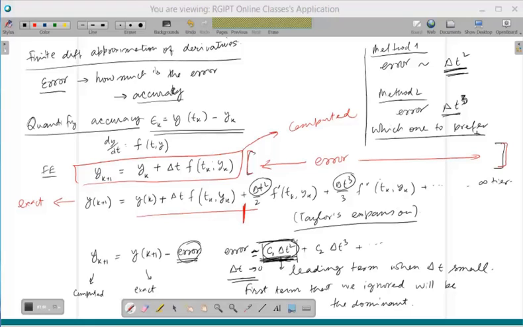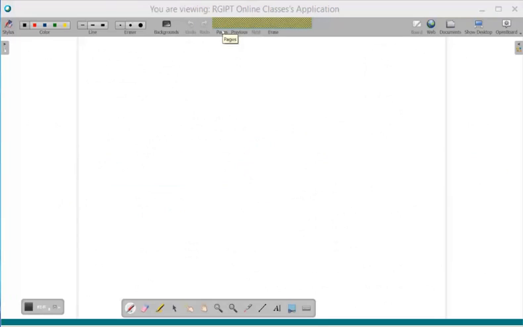Therefore, when we select a method, accuracy is of course an issue, meaning this error is an issue, but additionally, with error going like delta t raised to n, a higher n is preferred.